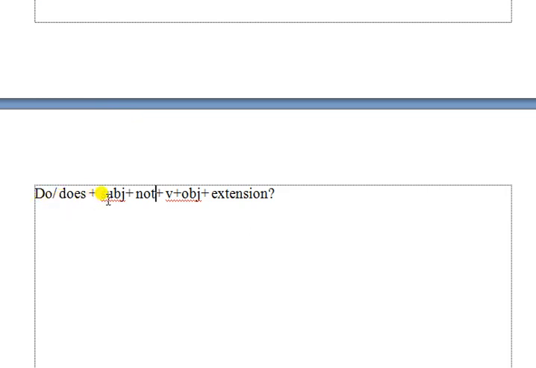Do or does, subject, then not, then the verb, main verb, base form or principal verb, object and extension. Does he know the way? Do you know him? Does he not know the way? Does he not know him? Don't you know me? Or do you not know me?